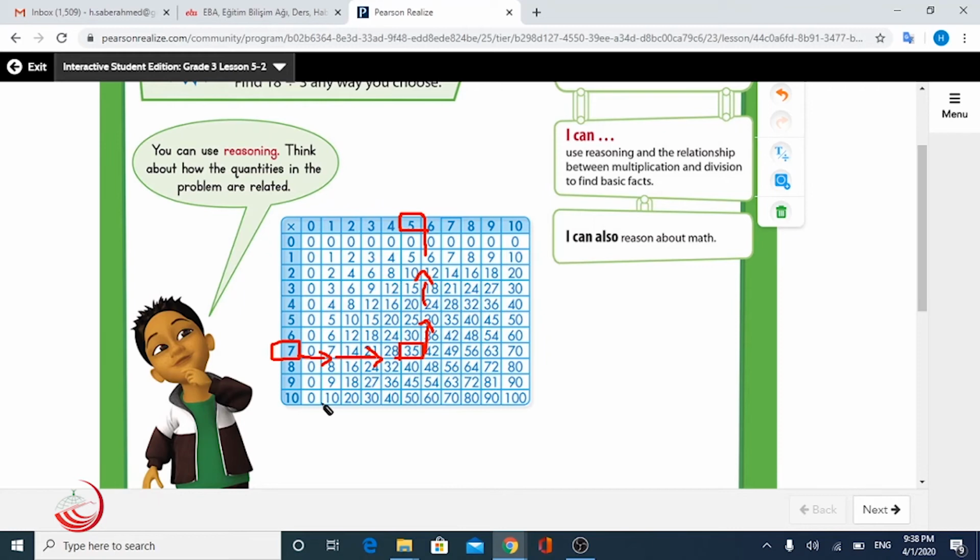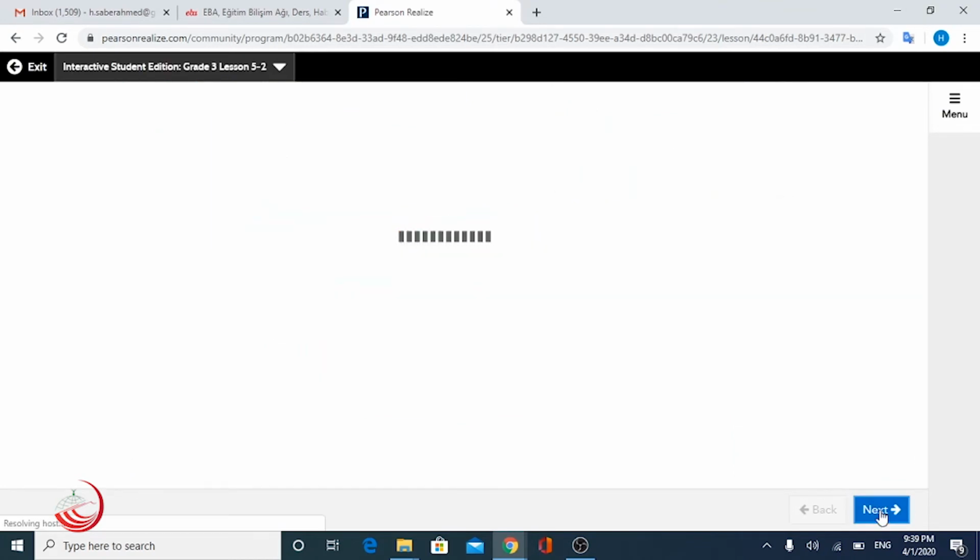So the answer is that I start by the first factor that I know, then I go across the row to find the product, which is 35, then I go up to 5, and this is the missing factor. Crystal clear? Say, crystal clear.